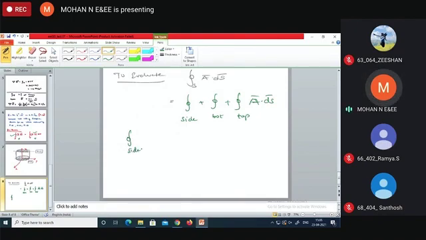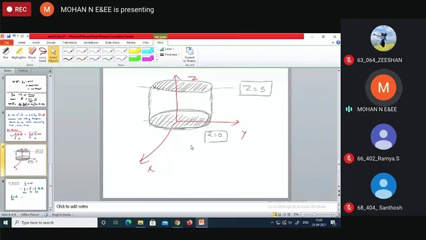So the side surface is A vector into ds vector. The side surface runs here, with the height z and the azimuthal angle phi.